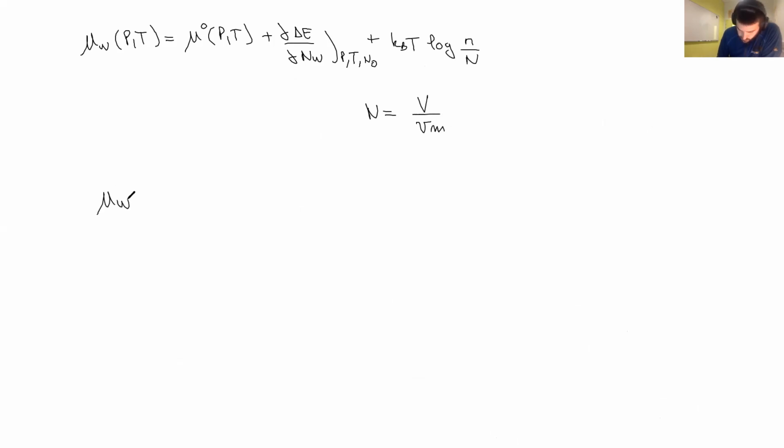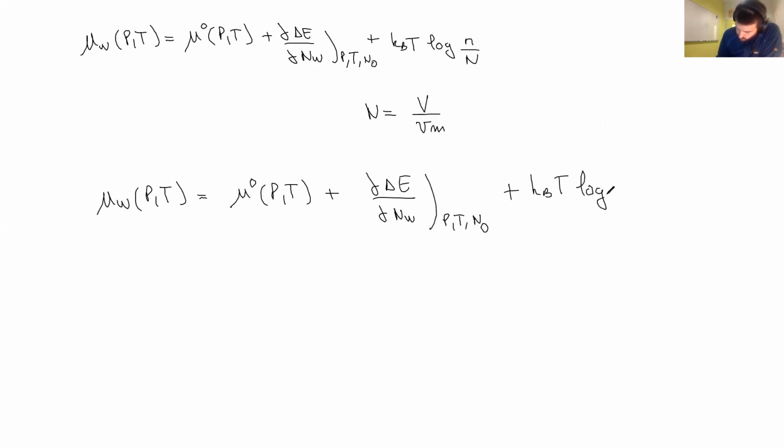And thus, the chemical potential is the derivative of the excess energy of mixing plus kBT log of concentration times Vm, where I define the concentration as the number of water molecules into water, which is also in my notations here. Okay? Any question on that?